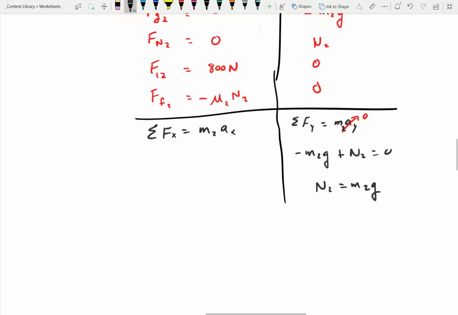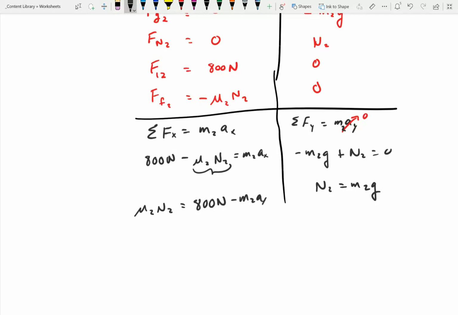And so when I add up the things above, I'm going to have 800 newtons minus mu2 normal 2 equals m2ax. So solving for this, I have mu2 normal 2 equals 800 newtons minus m2ax.